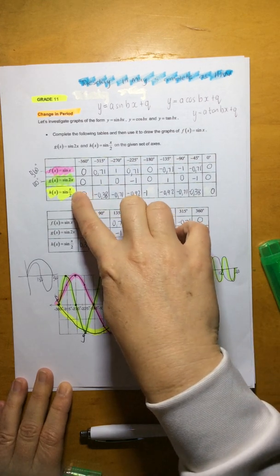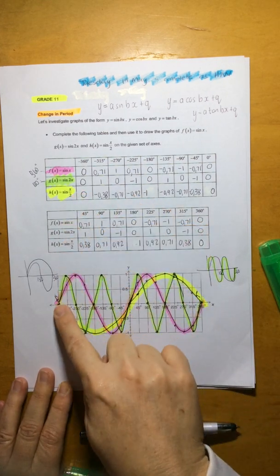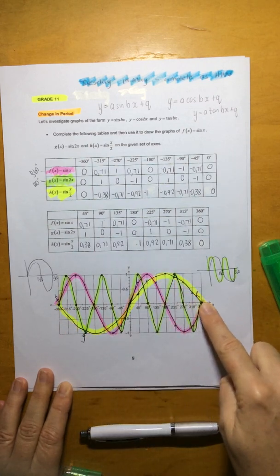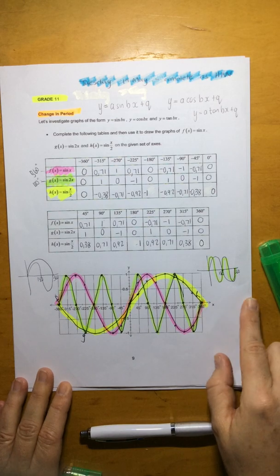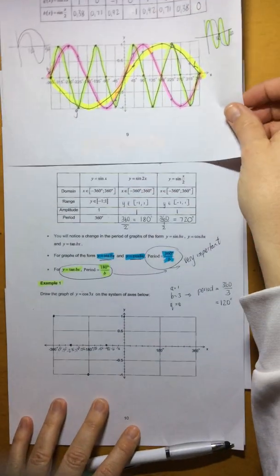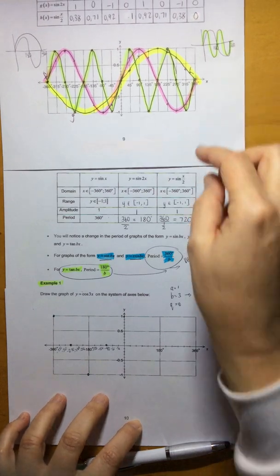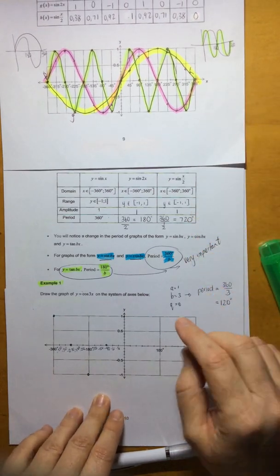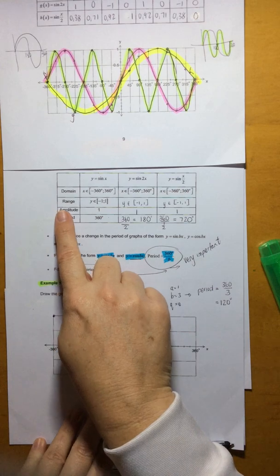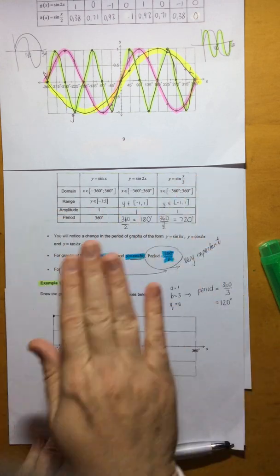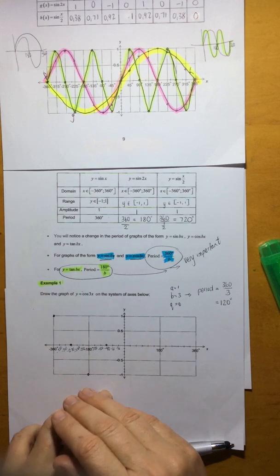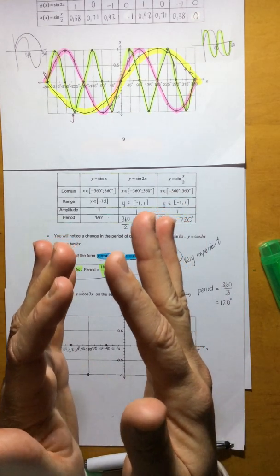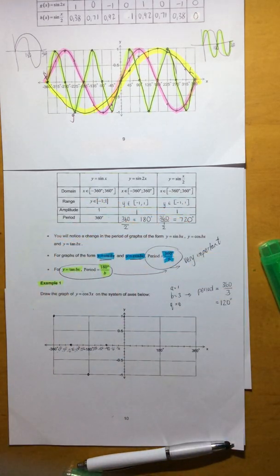So when I divide by 2, it actually takes 720 degrees to complete one graph. Looking at the table, nothing else changed. The domain stayed the same, the range stayed the same, the amplitude stayed the same. But the graph was either pushed together or pulled apart.